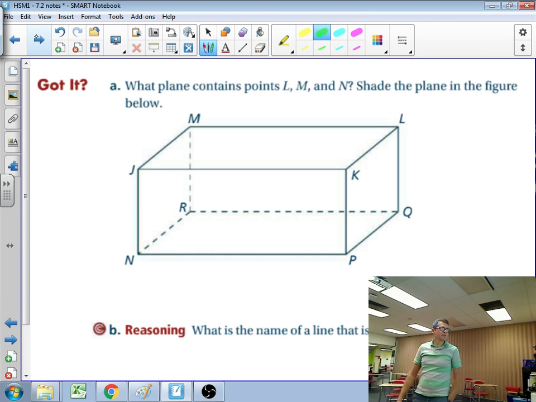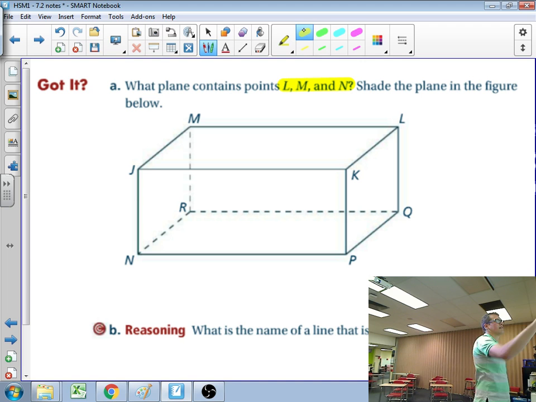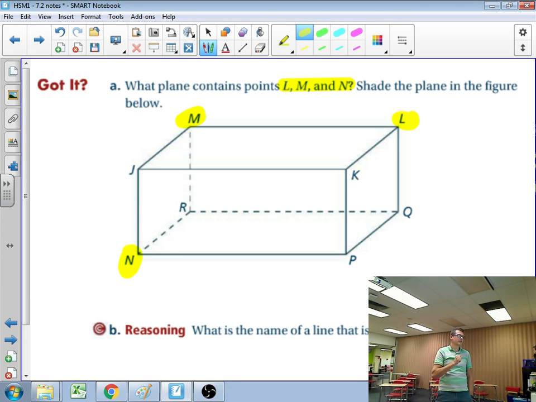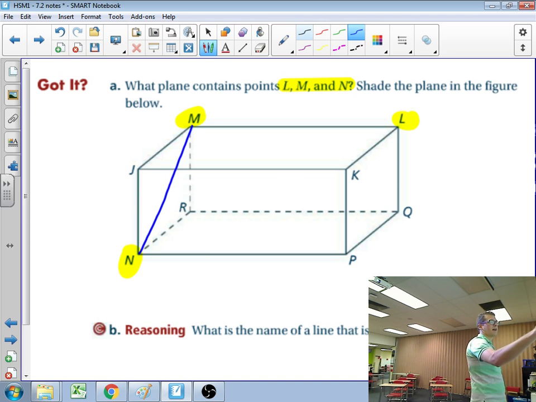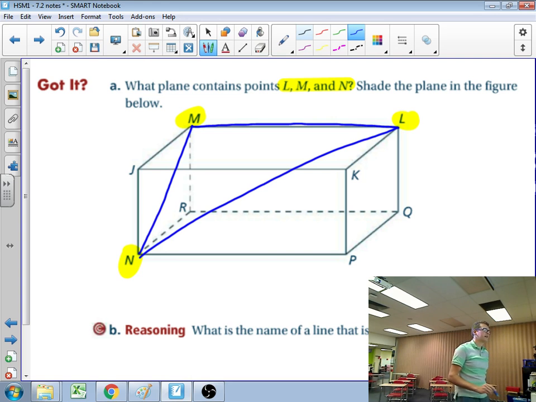What plane contains points L, M, and N? Shade the plane in the figure below. Well, we could just name it that plane, L, M, and N. So I could connect M to N, and I could connect L to N, and I could connect M to L, and there's my plane right there.